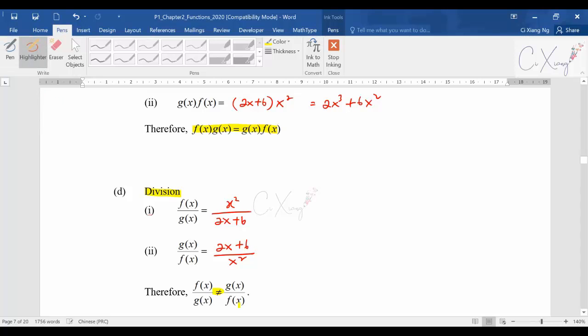From here you will see that for addition and multiplication, if the sequence of the operation is different, the answer will still be the same, not affected. But for subtraction and division, the answer will be different if you use the sequence differently, whether f divided by g or g divided by f, or f - g and g - f.